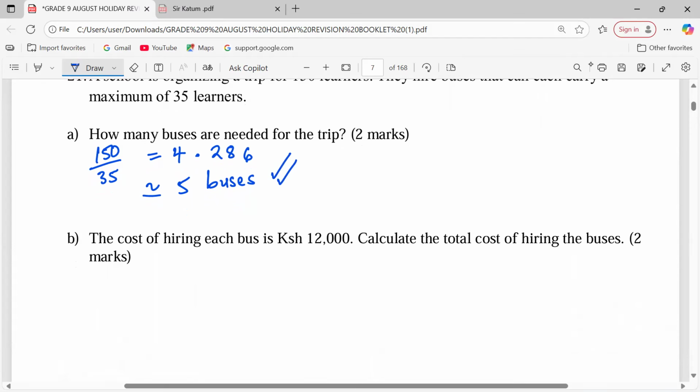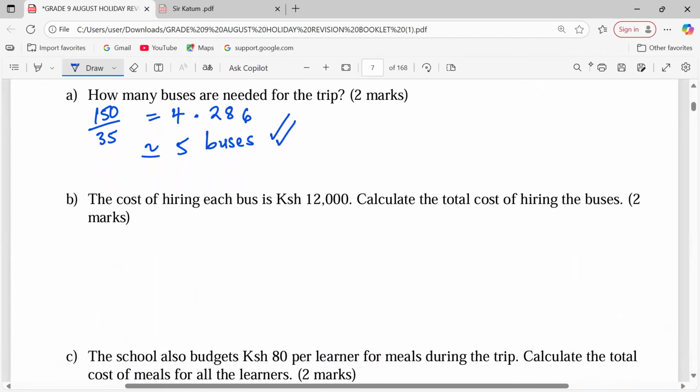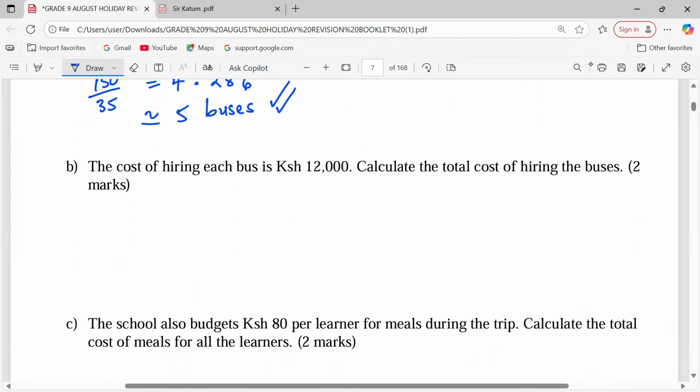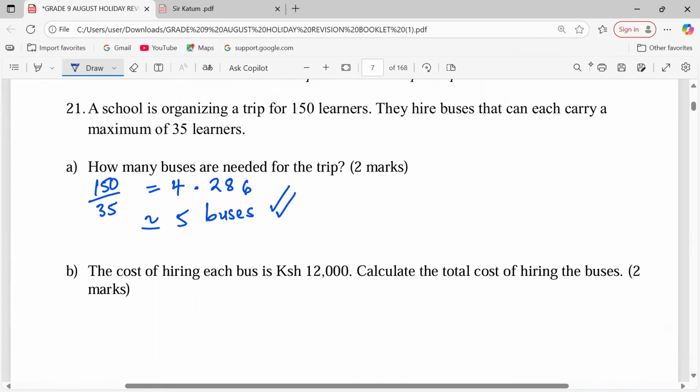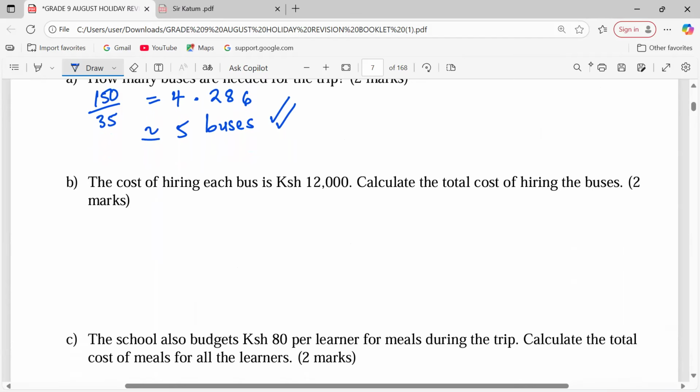I know the rounding rules might have been challenged by the thinking that I have applied in this question, but that's how it is supposed to be. Because when you talk about exactly 4 buses and the maximum each can carry is 35, then you will only carry 140 learners, but the total is 150. So we need a 5th bus.